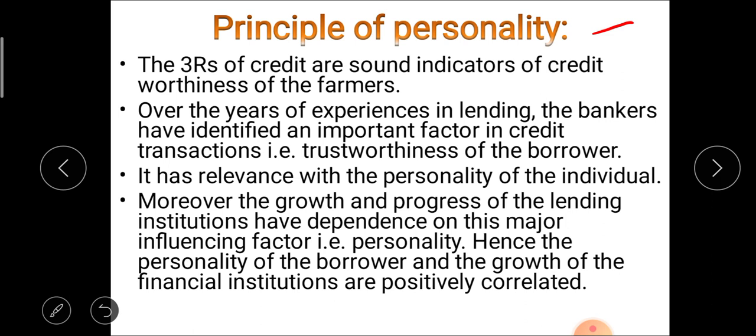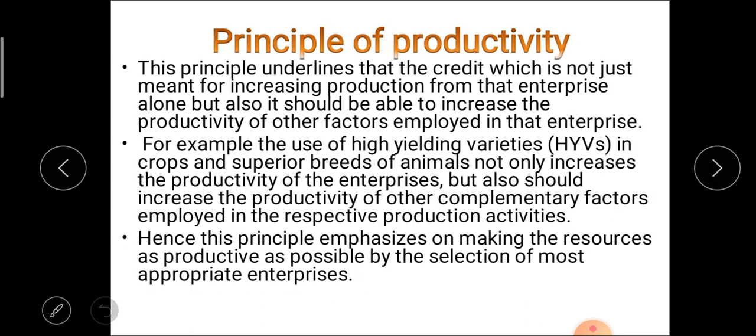Moreover, the growth and progress of a lending institution depend on major influencing factors like the personality of the borrower. Hence, the personality of the borrower and the growth of financial institutions are positively correlated. This is the second P, the principle of personality.